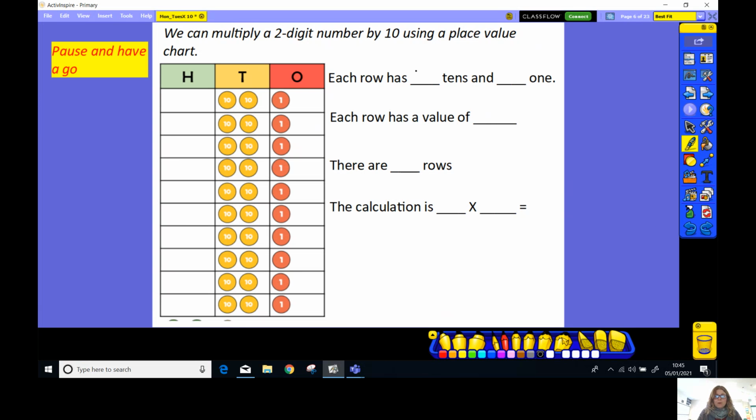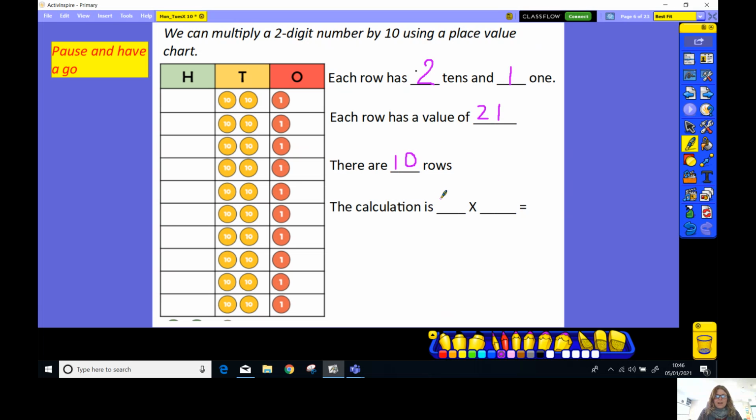Well done. Now you might want to get a different colour pencil, and we're going to answer this together now. I'm going to use purple. So each row has got 2 10s and it has got 1 1. Each row has a value of 21. There are in total 1, 2, 3, 4, 5, 6, 7, 8, 9, 10 rows.